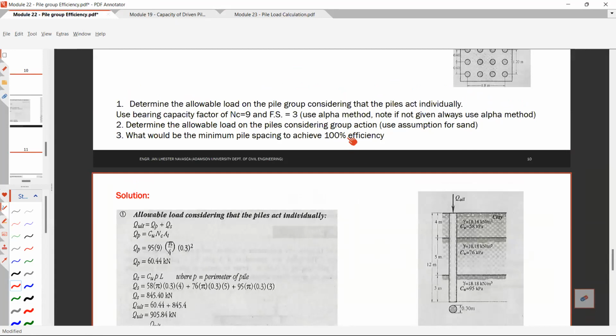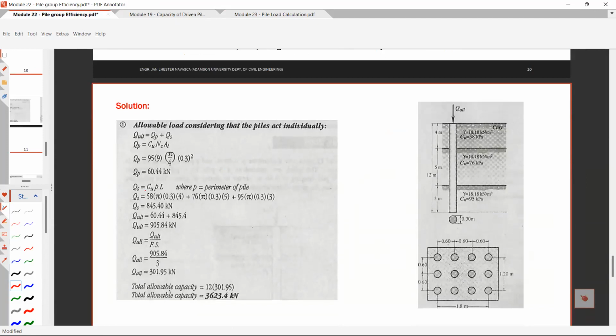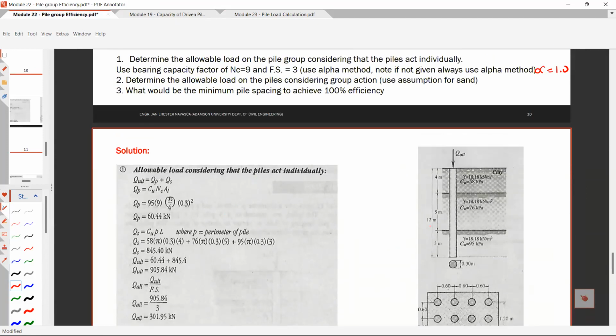So in this case, alpha is equal to 1. Again, if not stated, the alpha factor is 1.0. So for the alpha method, in the first layer, in the first 4 meters, your cohesion value is 58. Then the surface area is pi d times length L times alpha, which is 1.0. So pi d times L of 4.